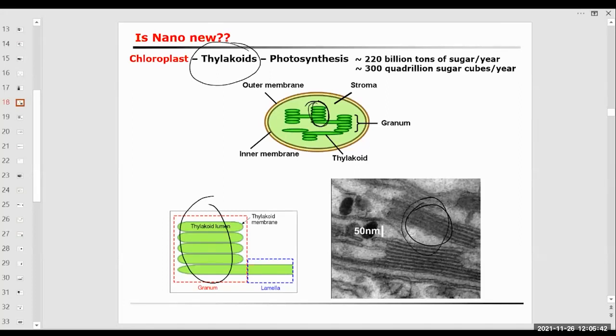And if you see the dimensions of the thylakoids, again they are in the nano scale. Okay, and surprisingly, the thickness of the membrane of the chloroplast is exactly 1 nanometer. But what is the importance of this? Why is it only 1 nanometer? Why not 2 nanometers or 10 nanometers?